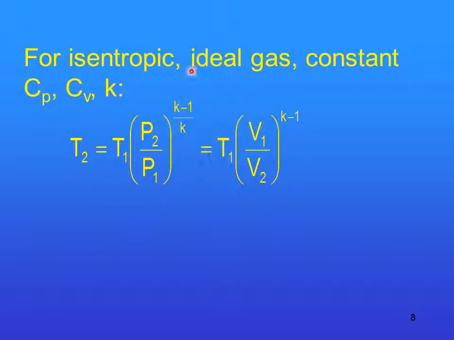Typically, I'll use the first equation when I'm looking at turbines or compressors, steady flow processes where the pressure ratio is known, and I'll use the second to find final temperatures in piston cylinder type processes where you know the ratio of V1 to V2. By the way, in piston cylinder processes, V1 over V2 is called the compression ratio, whereas P2 over P1 is often called the pressure ratio for turbines and compressor systems.